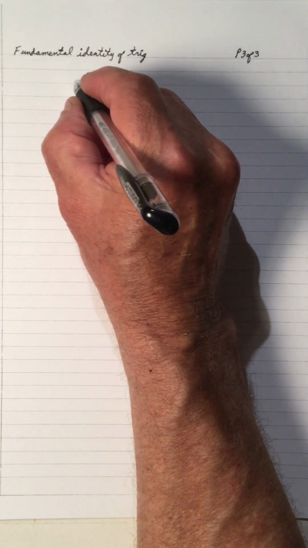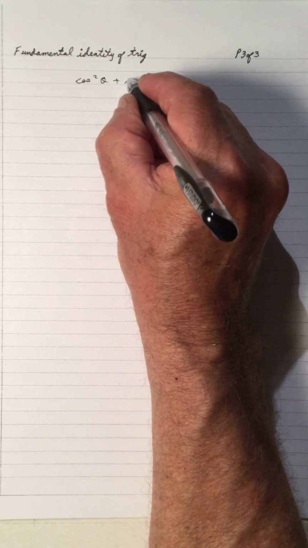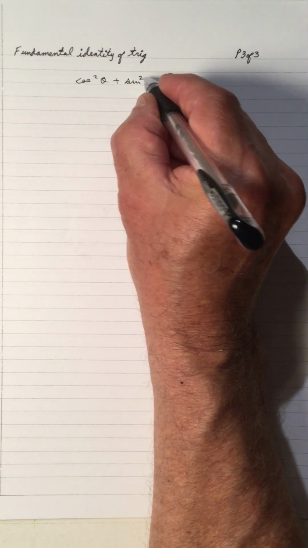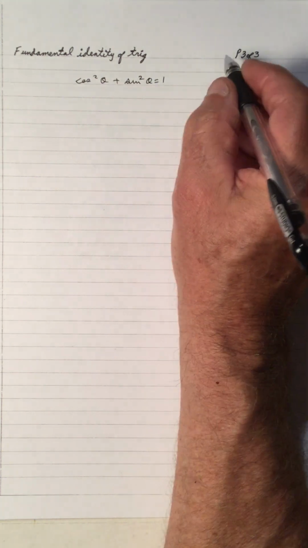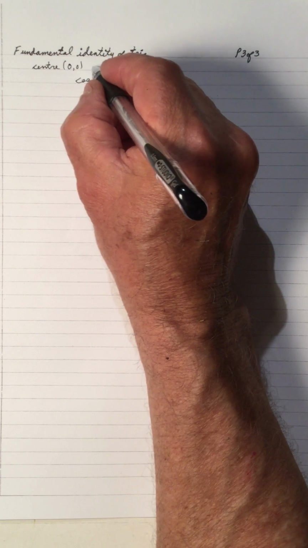Also, coming out of that, the fundamental identity of trig, which is cos squared theta plus sine squared theta equals 1, has a circle, and the circle has a center of 0, 0, and a radius of 1.